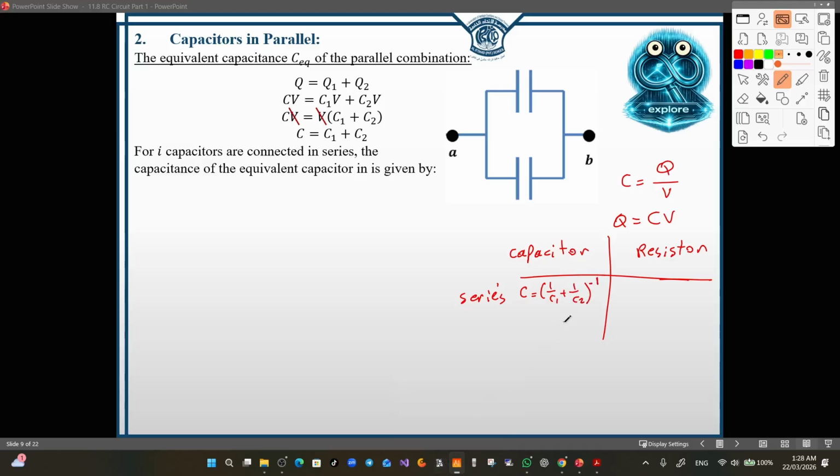This is in series. In parallel for the capacitor, it will be C1 plus C2. For the resistor, the R equivalent is equal to R1 plus R2 if they are in series, and for the parallel, it will be 1 over R1 plus 1 over R2 plus 1 over R3, all to the power of minus 1.